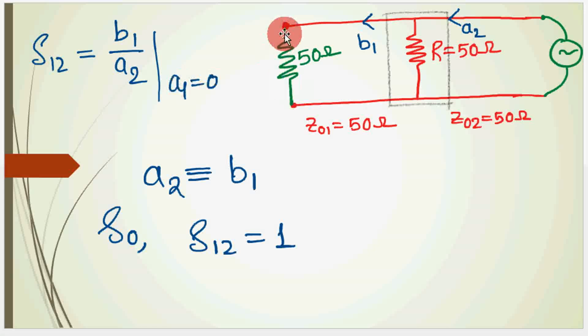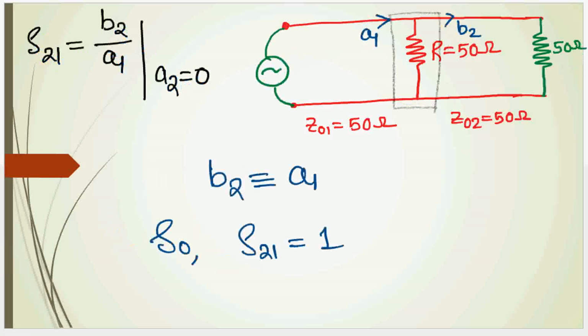A1, the incident wave at port 1, is 0 because we have matched this transmission line by the 50 ohm load here, so whatever B1 is coming here is not reflected back. So B1 is A2, so S12 is 1.